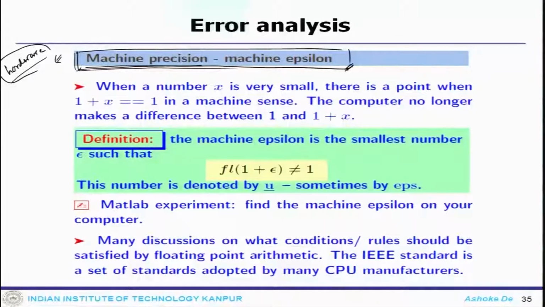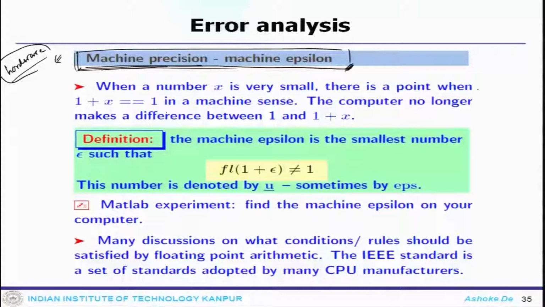So, it has to have some sort of handshaking between the hardware and the set of mathematical instructions that you provide to the hardware through your coding, and that is where the precision of the machine becomes very important.